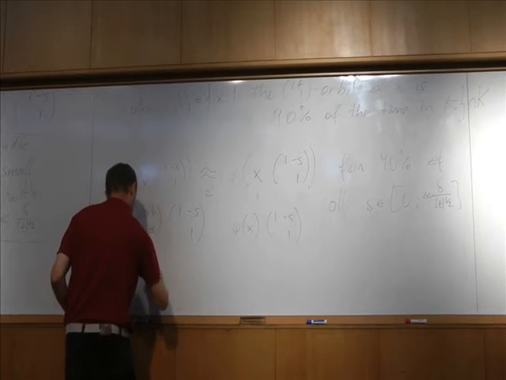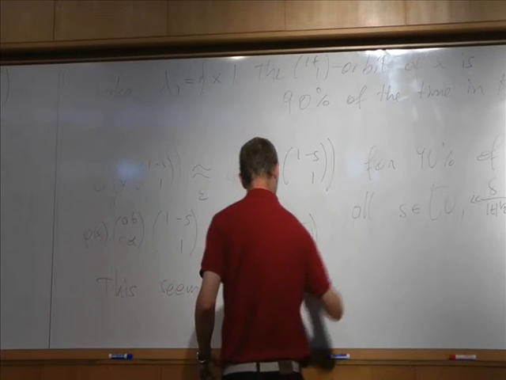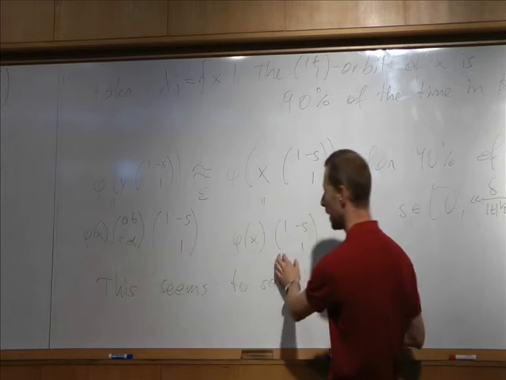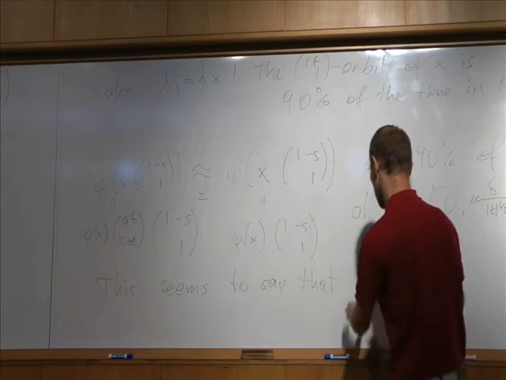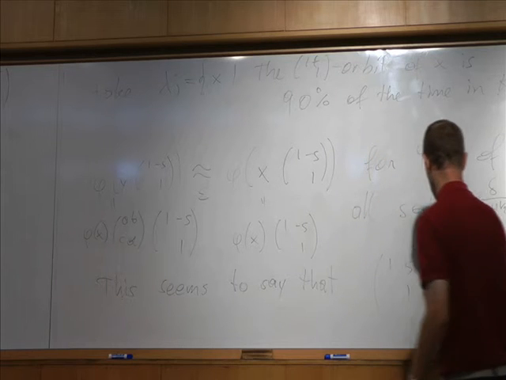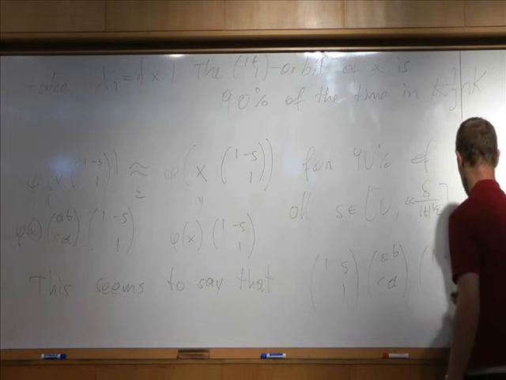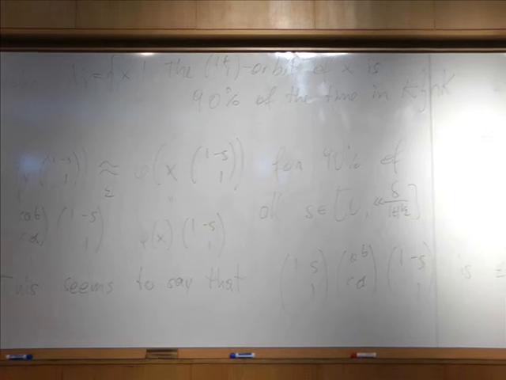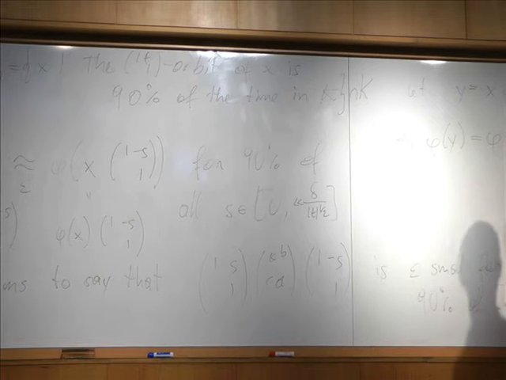This seems to say that the displacement between these 2 points, which I can calculate using this ABCD and conjugation, just like always, namely 1S1 ABCD 1 minus S1, is epsilon small for 90% of this interval.